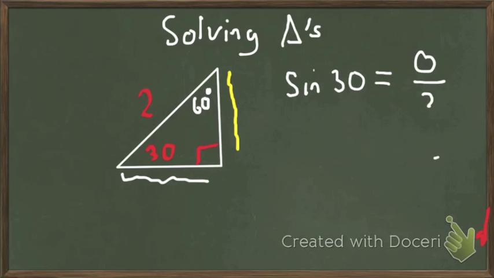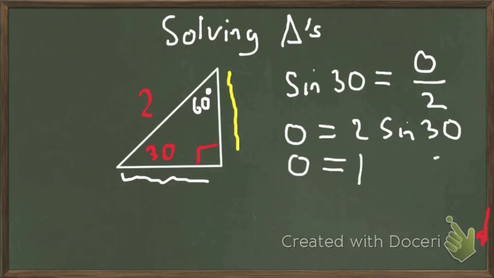The hypotenuse is 2, so if I wanted to find the opposite in terms of a value, I would bring that 2 to the other side, so I'd get 2 times the sine of 30, and what I then find is the opposite would be equal to 1.